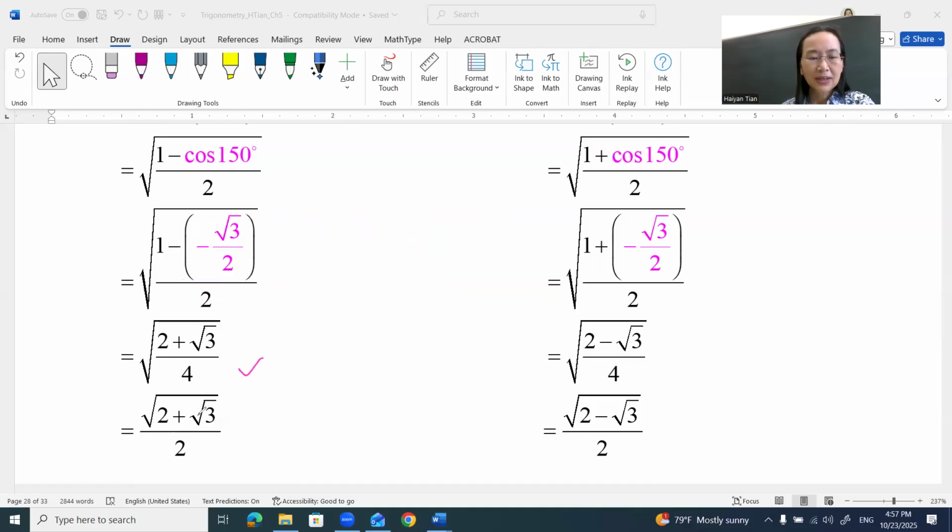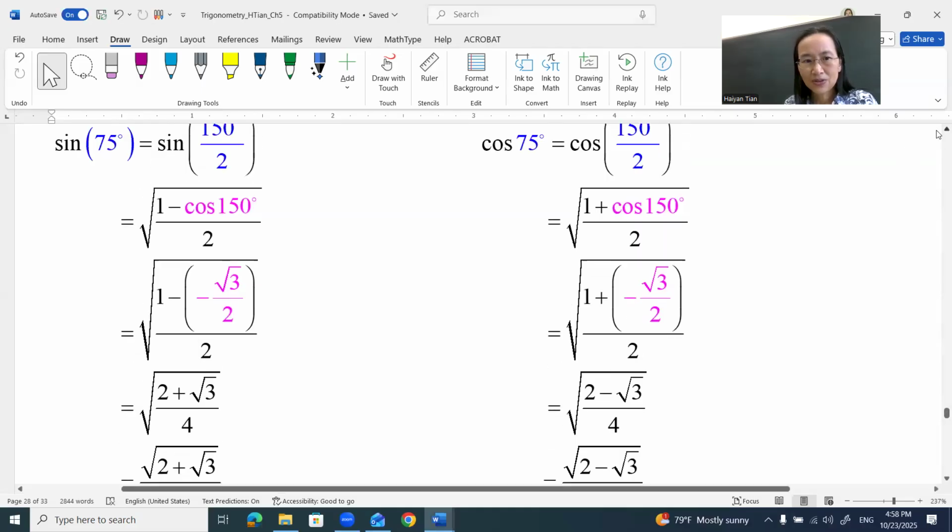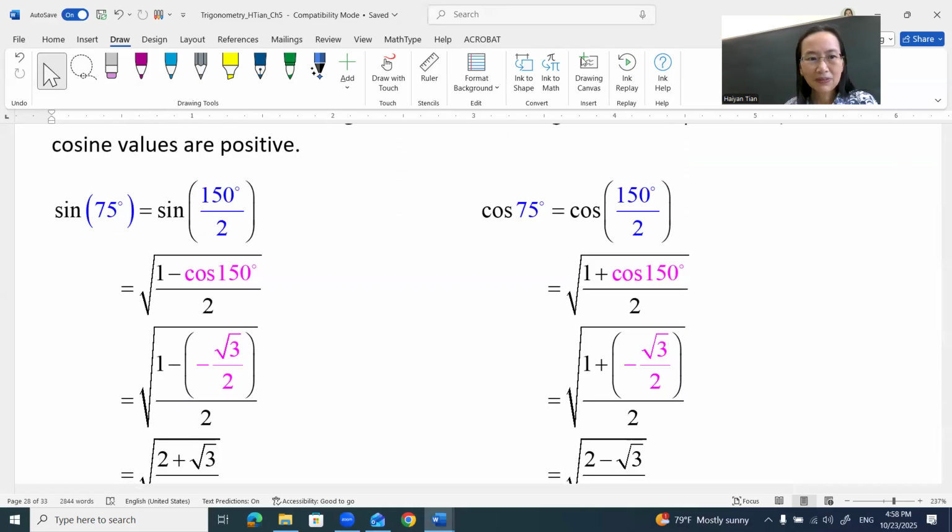After that, take the square root of 4, because this is the square root for the whole numerator and denominator. The square root of the denominator can be simply calculated: square root of 4 is 2. But for the square root of the numerator, we leave it as is. Okay, so now we got the sine of half of 150, which is sine of 75 degrees.